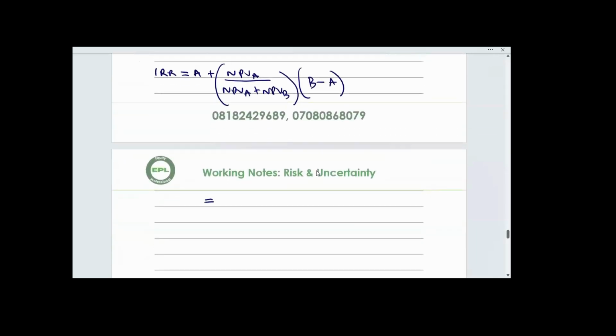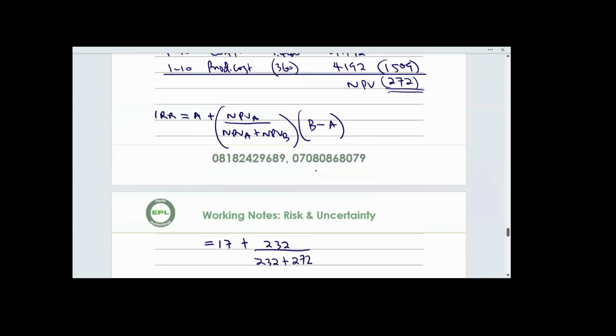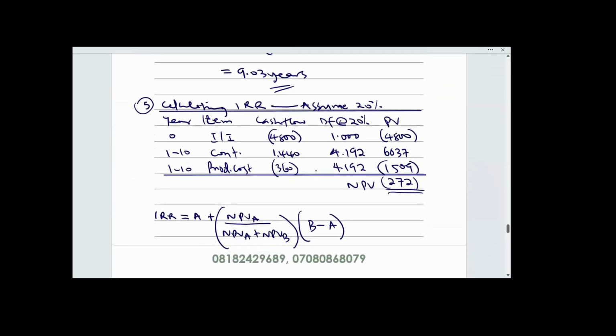A is the lower discount rate of 17% plus NPV of that 17%, which is 232, divided by 232 plus NPV of the higher rate, 272. Is it 272 or 273? Moses, confirm the present value of the contribution once again. 1440 multiplied by 4.192, it should be 6038.